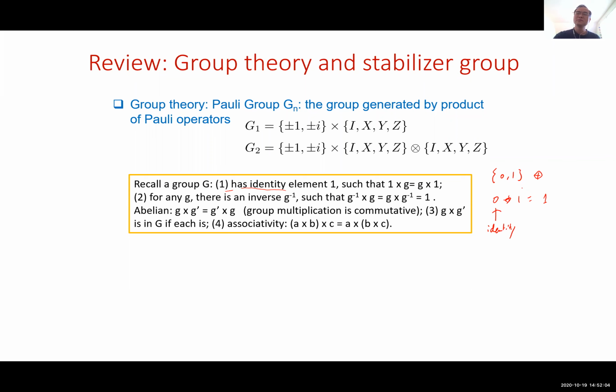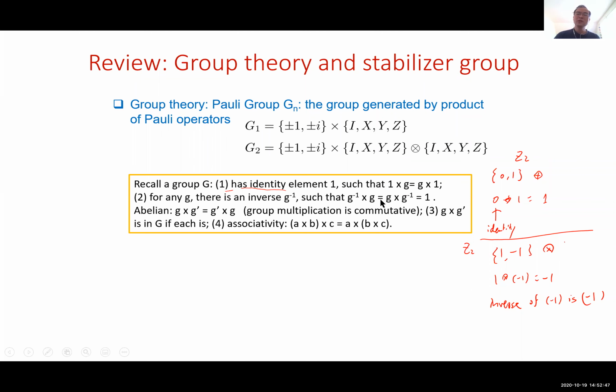If you want to use multiplication, you will probably use 1 and minus 1. So 1 times minus 1 is always minus 1. And you always have an inverse. So the inverse of minus 1 is itself. So this is really the simplest group you can have, beyond the trivial one with just the identity. Okay. So these groups are usually called Z2.